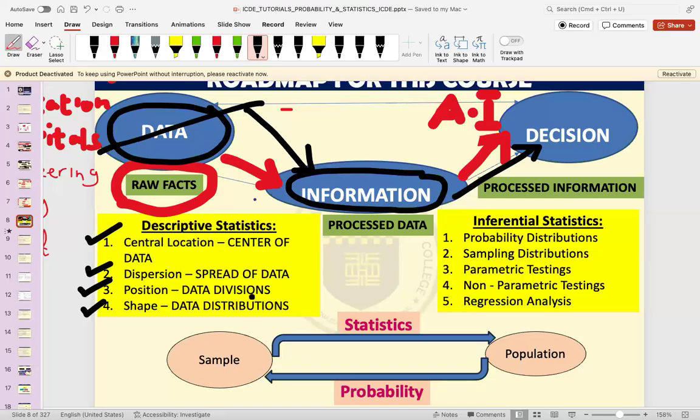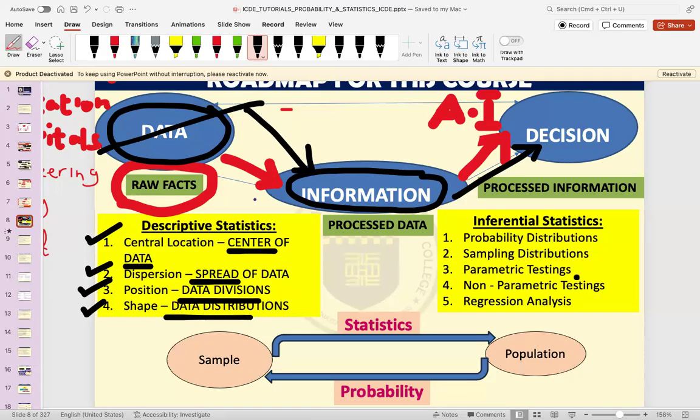They are all talking about data. The first one will teach us about the center of data. The second one will teach us about how data is spreading out from the center. The third one will show us how data can be divided into various divisions. And then the fourth one will teach us how the shape of data can be arrived at.